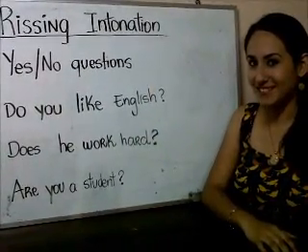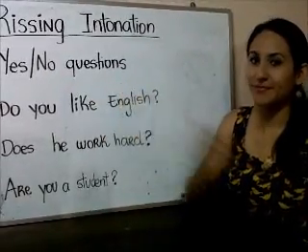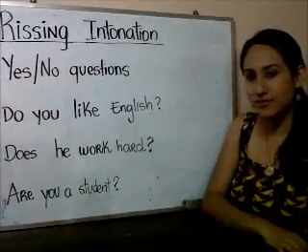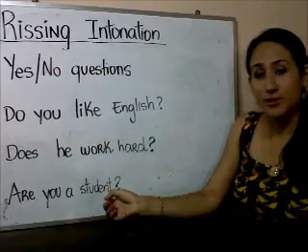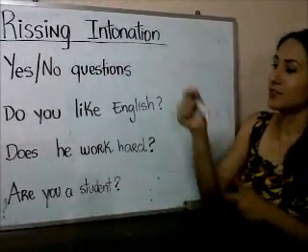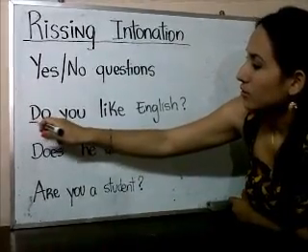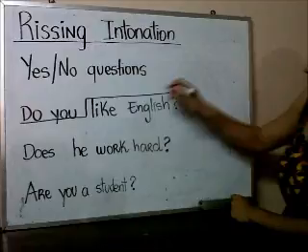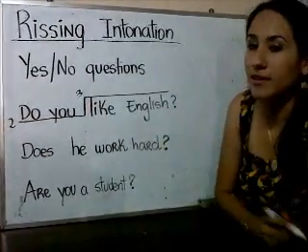Rising intonation. It is usually found in yes/no questions. Here we have the examples. Do you like English? Does he work hard? Are you a student? So we have to mark the intonation. Do you like English? This is the standard and the high intonation.